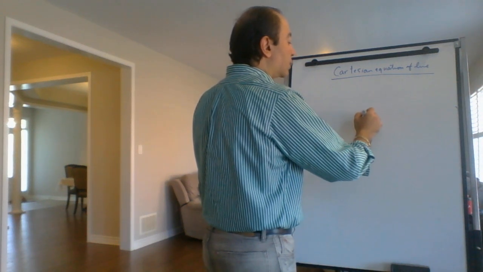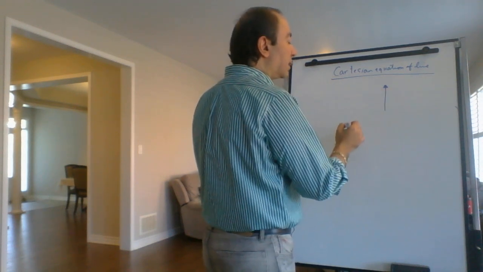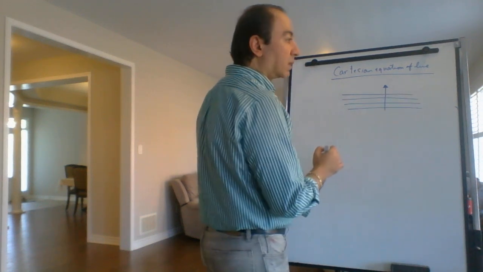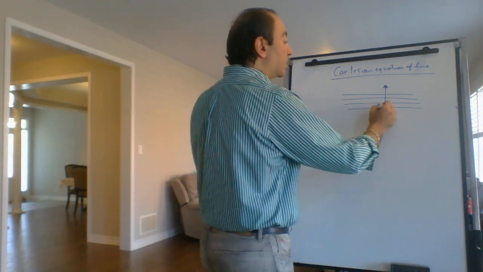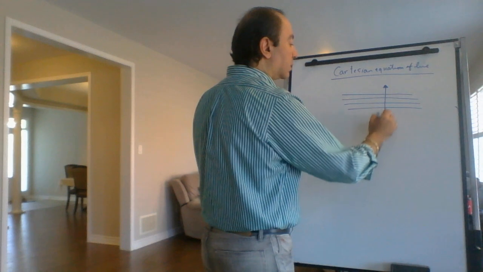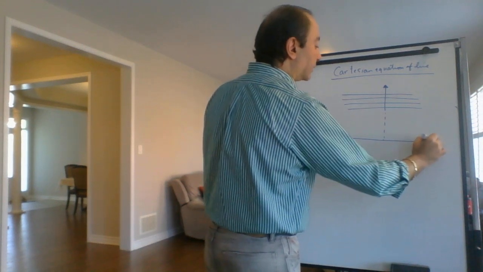I told you to find the equation of a line that's perpendicular to this vector. How many lines are there? All of those. But if I told you to find the equation of a line that's perpendicular to this vector and passes through this point, you will only have one line.